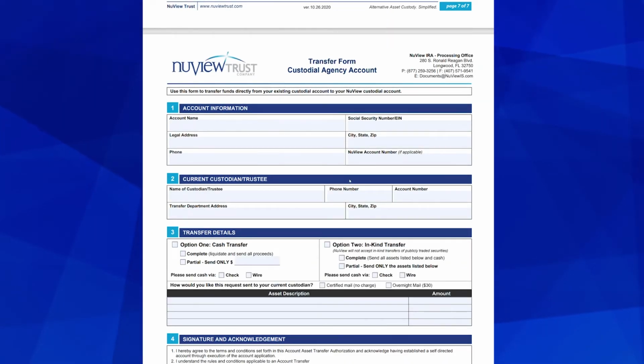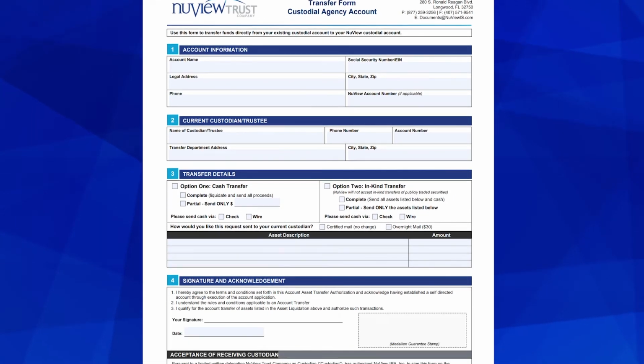Lastly, this page here in this application, transfer form, custodial agency account. So in a typical situation, these accounts are being established to either transfer cash from another similar account held at a different custodian, or transfer an asset, an investment. Say the current custodian is resigning, or they are no longer going to hold a certain investment. This is the document you use to have the cash and or assets transferred from the current account custodian to NuView and this new account here with NuView.